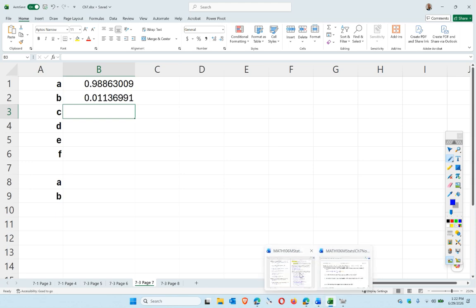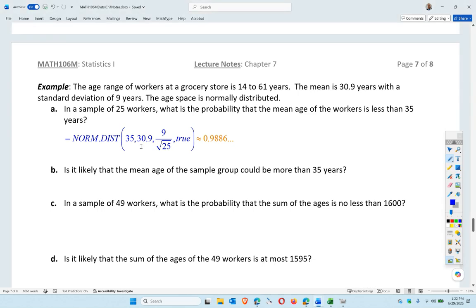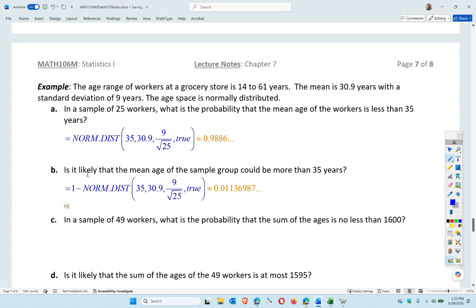Because when you do the actual calculus, it doesn't actually include the 35. But that value is so minimal, it doesn't make any difference. So for argument's sake, these add up to 1. But realistically, if you add these up, it's 0.9999999 forever, because it doesn't actually include the 35 when you do the math.